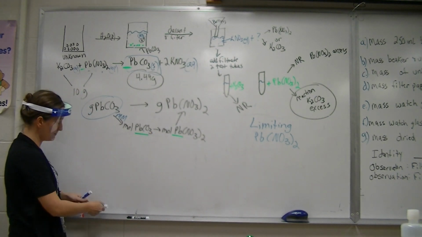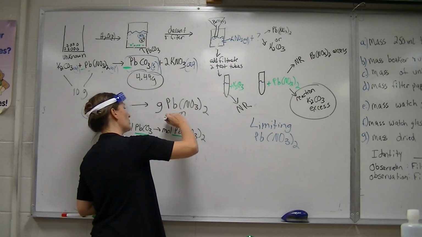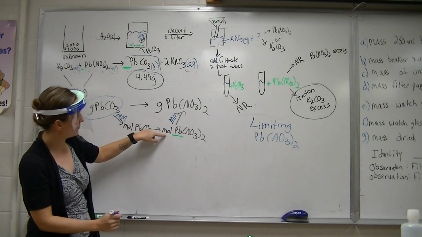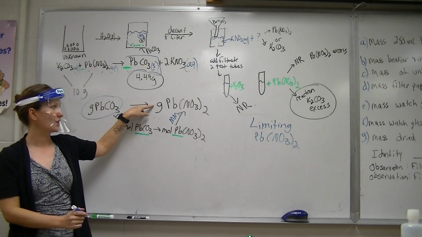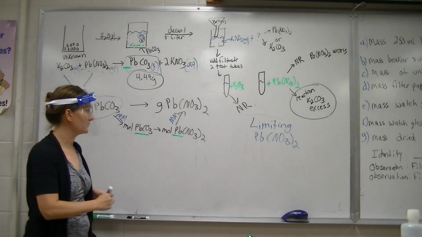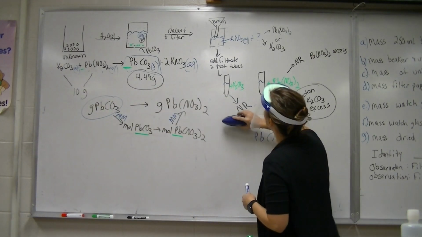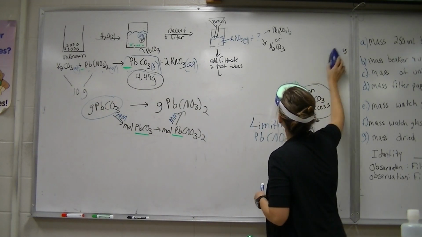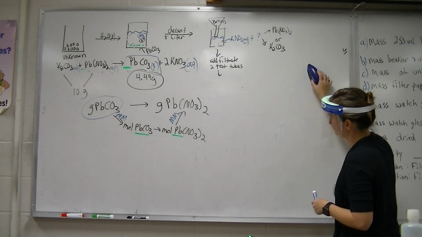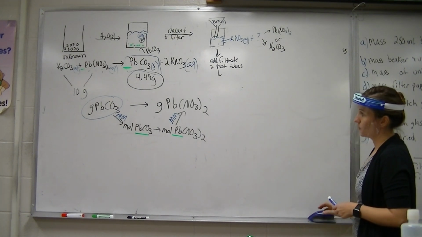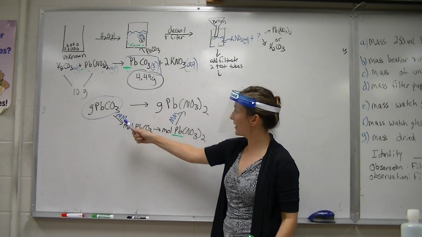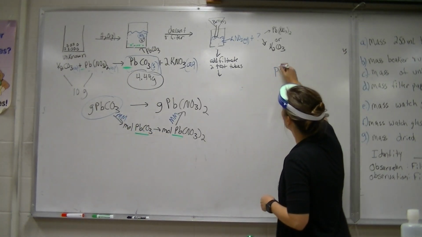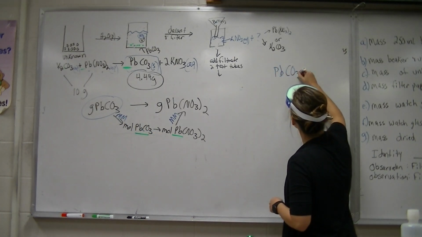Now the last step, we'll need molar mass again because we're going from moles to grams. Okay, so quite a bit of information we're going to need here. So I'm going to erase this part to give me room. So we need molar mass of lead 2 carbonate.